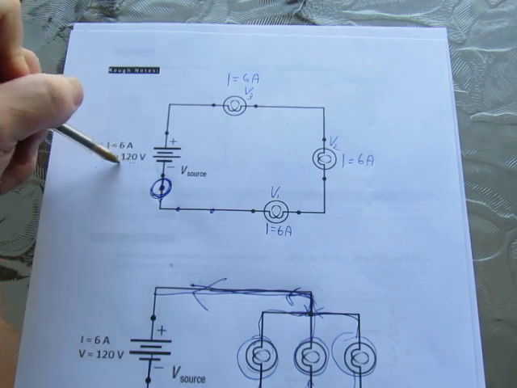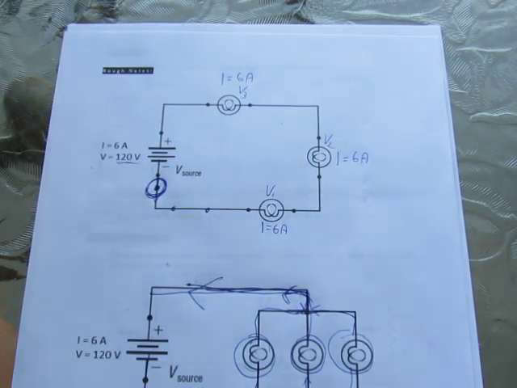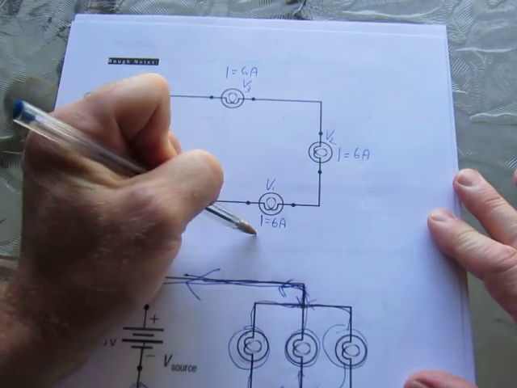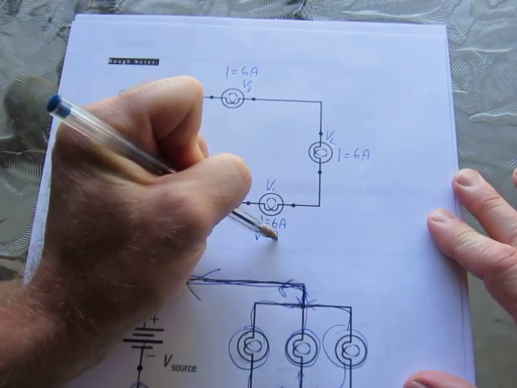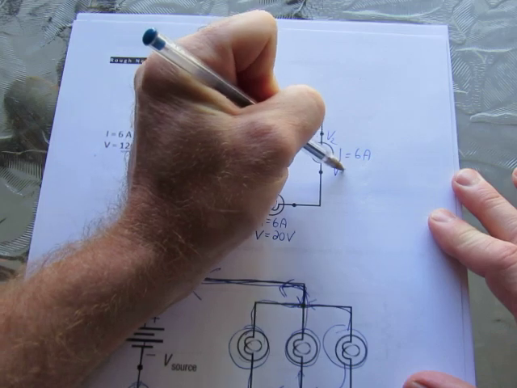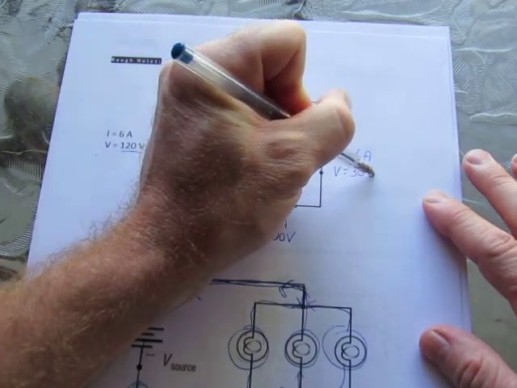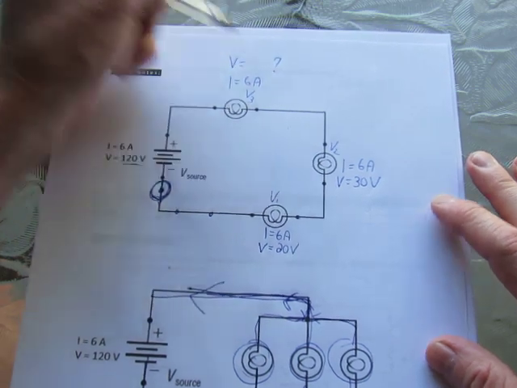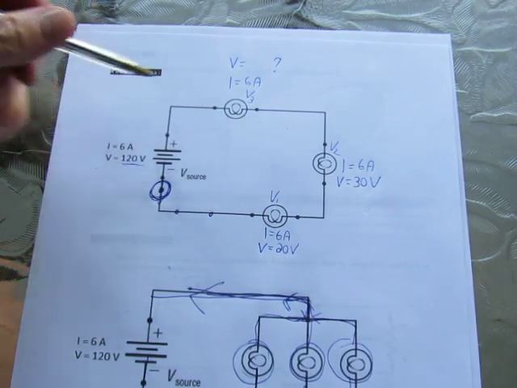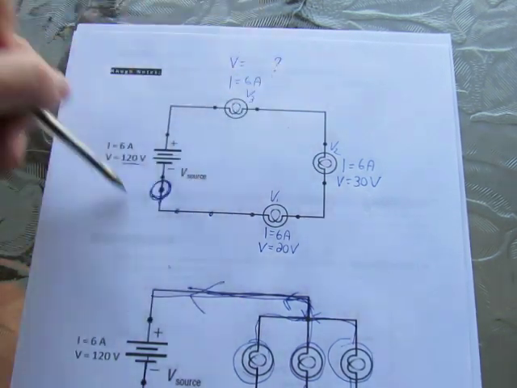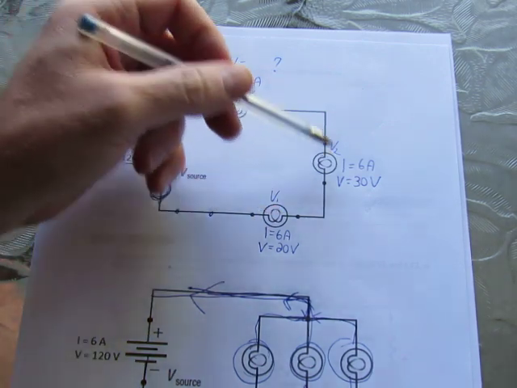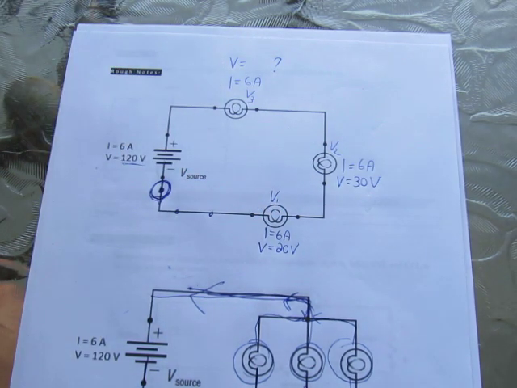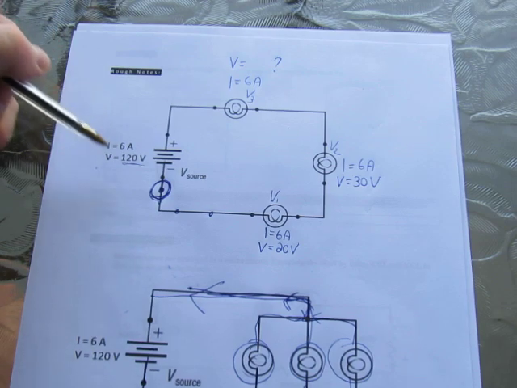Voltage, there's 120 volts. You would have to have some other numbers on this diagram. They wouldn't be able to leave it completely blank. But let's say that they told you that the voltage here was 20 and that the voltage here was 30. And they wanted you to solve for the voltage here. Well, the idea is, in a series circuit, little bits of voltage have to be dumped off at each one of the components, but you've got to go back to the battery with nothing left.